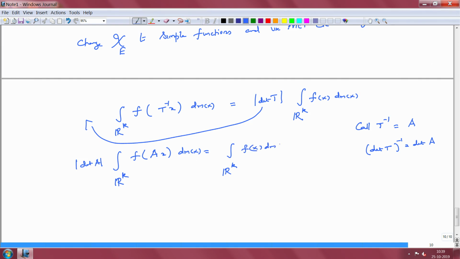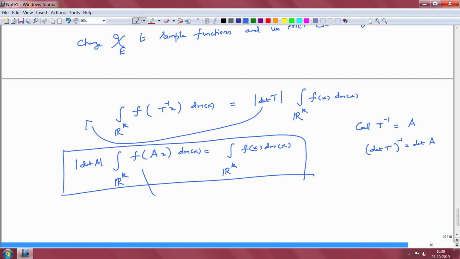This is the usual change of variable which you are familiar with. Whenever we have something like this, we put A x equal to y, and the change of variable tells you that the modulus of the determinant of A dx is dy. So you can change everything to the y variable and you will get whatever is on the right hand side.